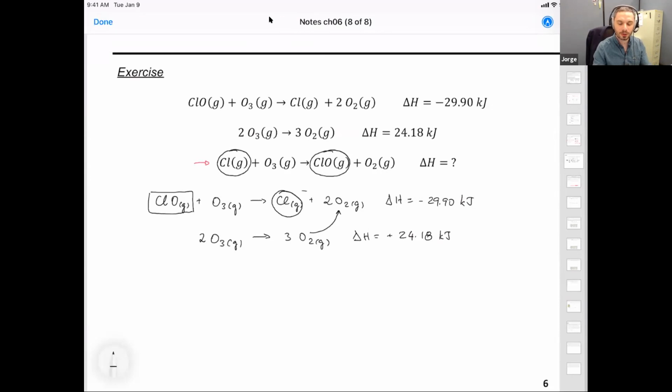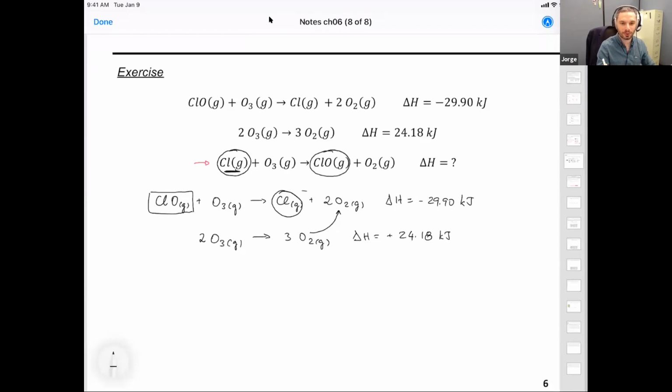So what I like to do to solve these problems is to look at the problem reaction. So we see here chlorine gas as a reagent. And what's given to us is chlorine gas as a product. So let's adjust the first reaction here to reflect that chlorine gas needs to be a reagent.